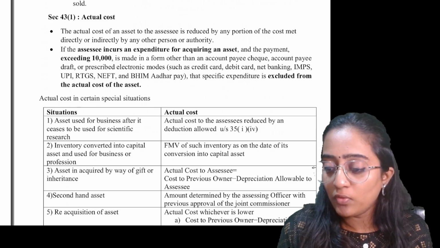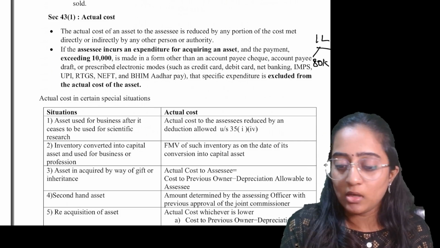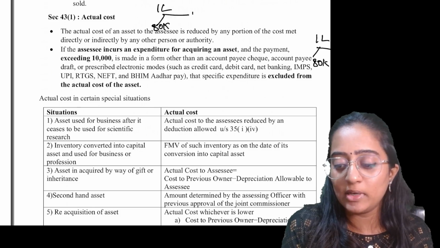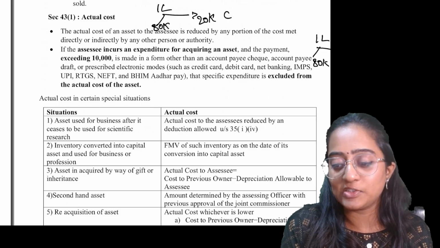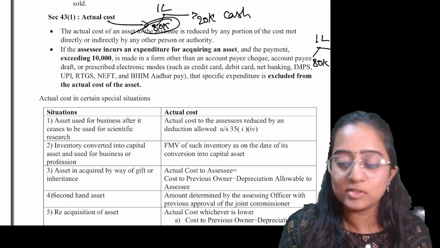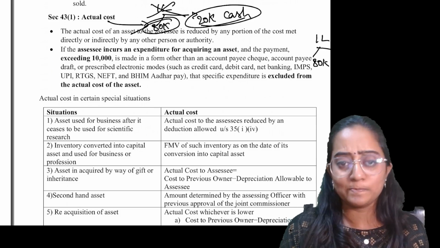Suppose out of 1 lakh rupees, 80,000 rupees has been paid by account payee cheque and 20,000 rupees has been paid in cash. Now, 80,000 would be considered as my actual cost of the asset, not 1 lakh, because 20,000 would be disallowed.